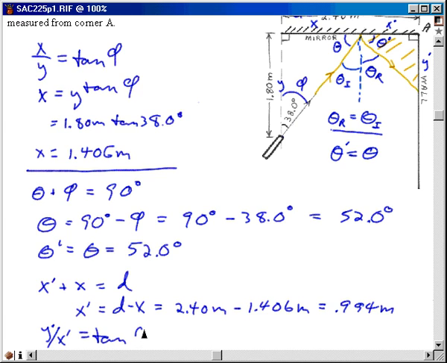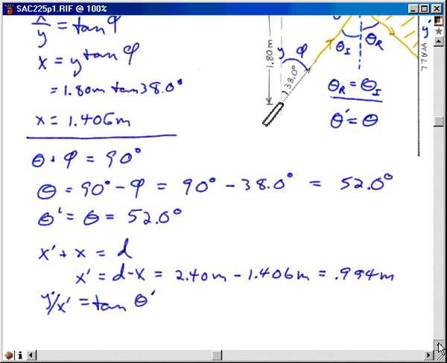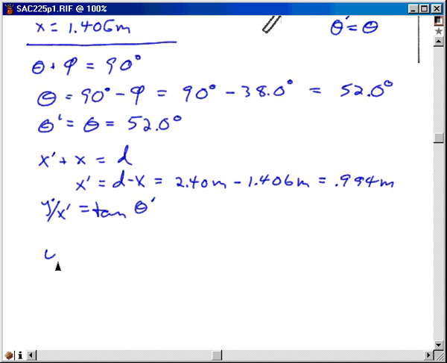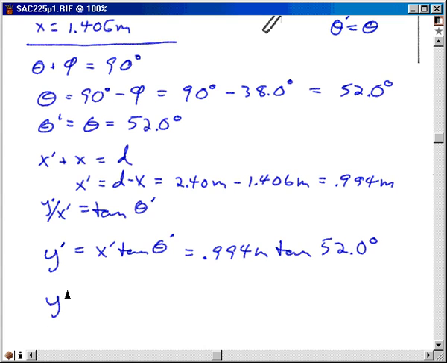So I've got tangent of theta prime. Now I can solve for y prime. That's x prime times the tangent of theta prime, which is 0.994 meters times the tangent of 52.0 degrees.